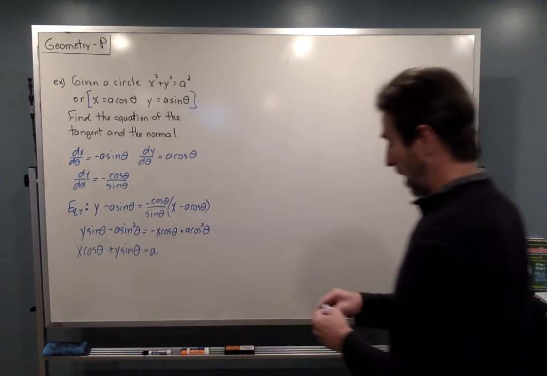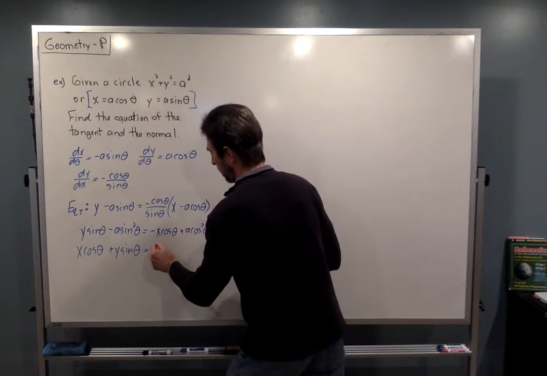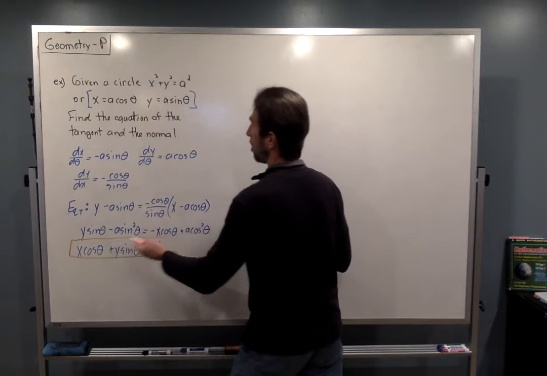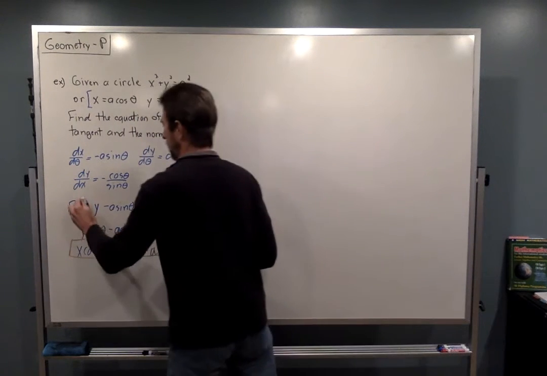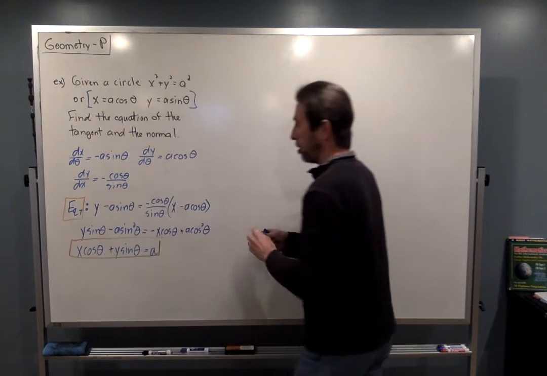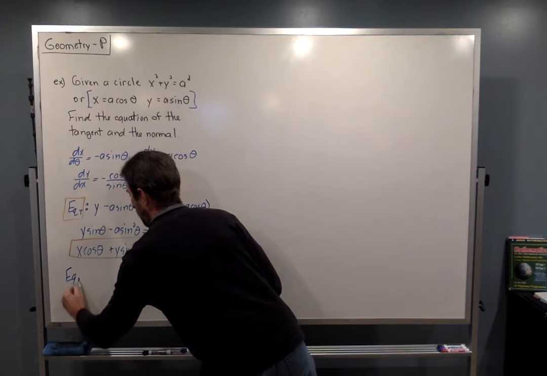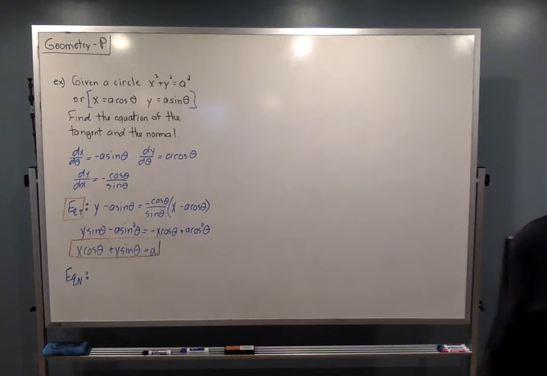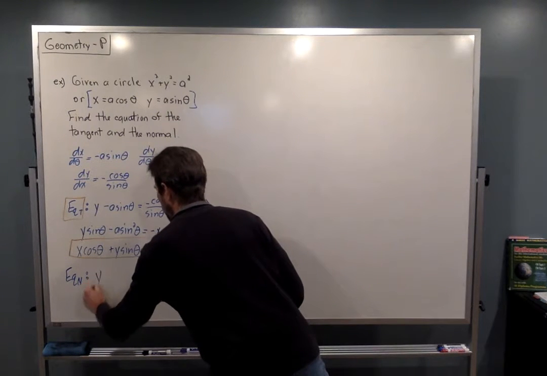So what we have now is an equation for the tangent line at a certain point in parametric form. So if we happen to know theta and we happen to know a in this format, we know the equation of the tangent. Now, likewise, we could come up with the equation of the normal. But when we do this, we would just have to take the reciprocal, and we'd end up with y equals a tangent theta of x, which we may already know.